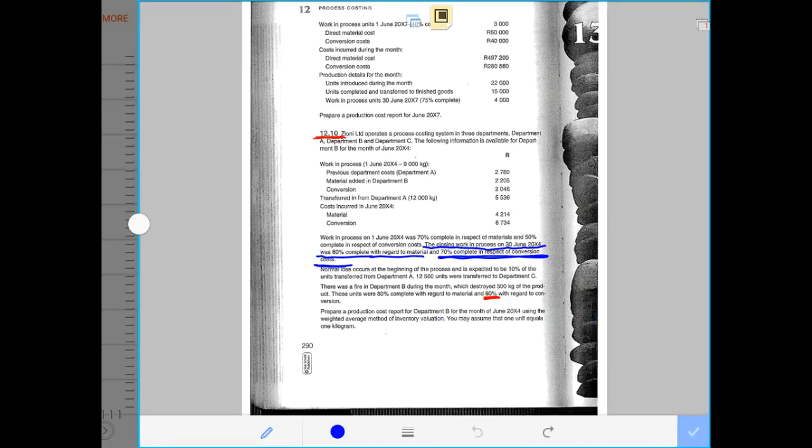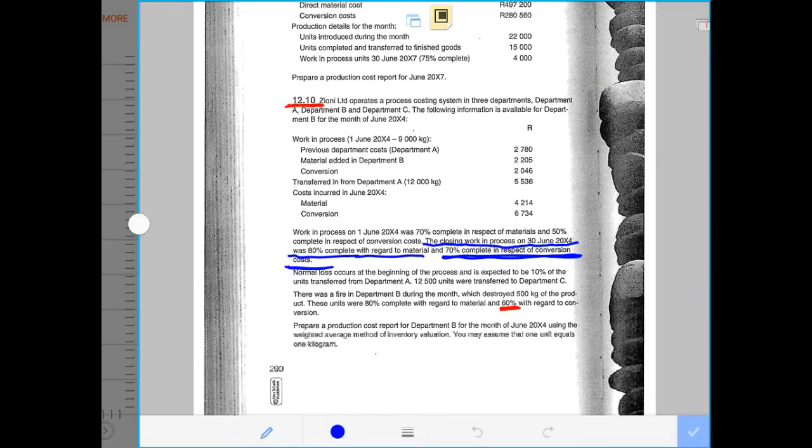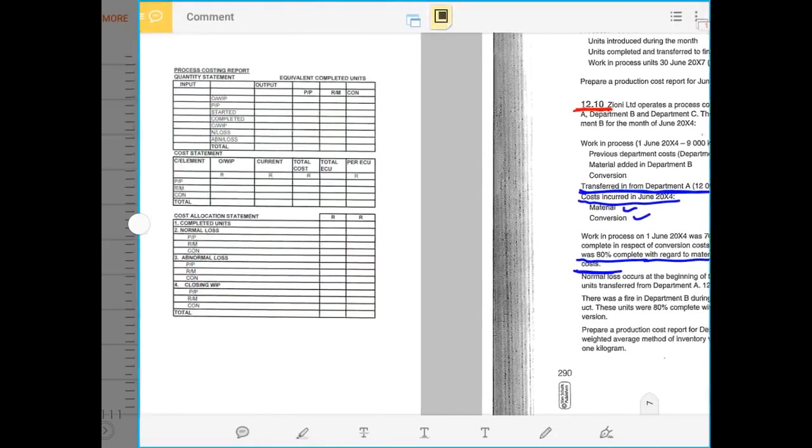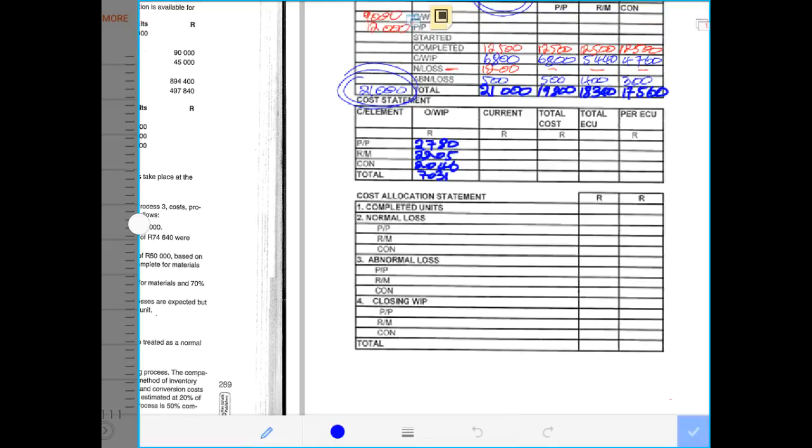These costs were transferred from Department A. In terms of material and conversion cost, there is 4,214, and the costs that were transferred in from the previous process are 5,536. So we record that under the current cost, previous process: 5,536.